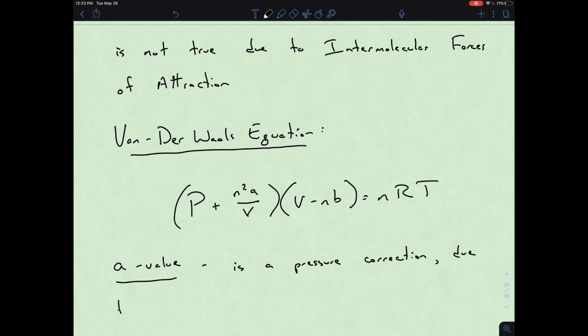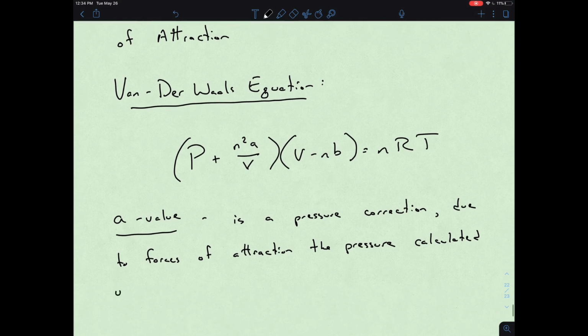Due to forces of attraction, the pressure calculated using the ideal gas law is lower than what it should be.